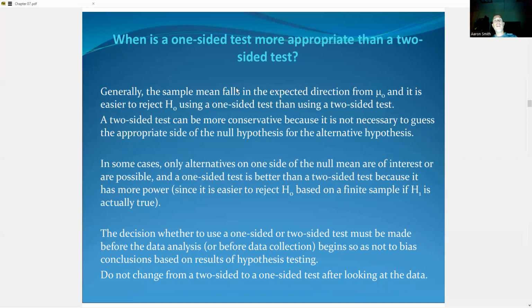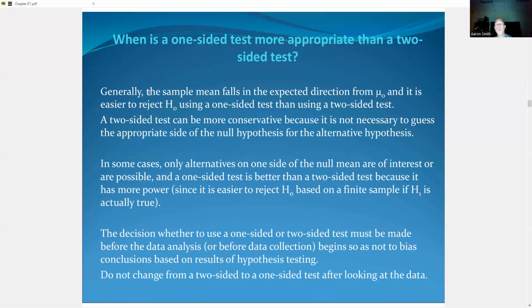When is a one-sided test more appropriate than a two-sided test? Generally, if the sample mean falls in the expected direction from mu, it is easier to reject the null hypothesis using a one-sided test than using a two-sided test. A two-sided test can be more conservative because it's not necessary to guess the appropriate side of the null hypothesis for the alternative hypothesis.